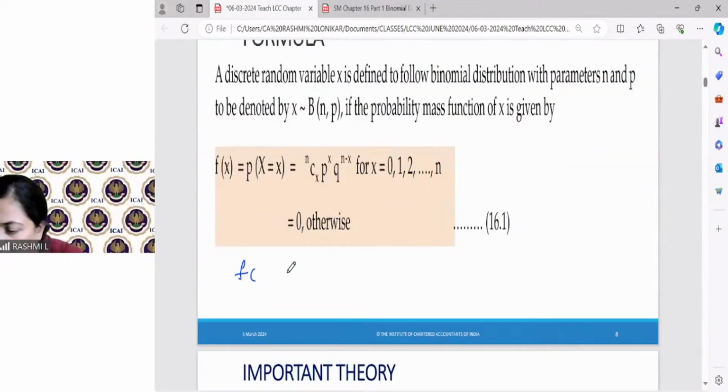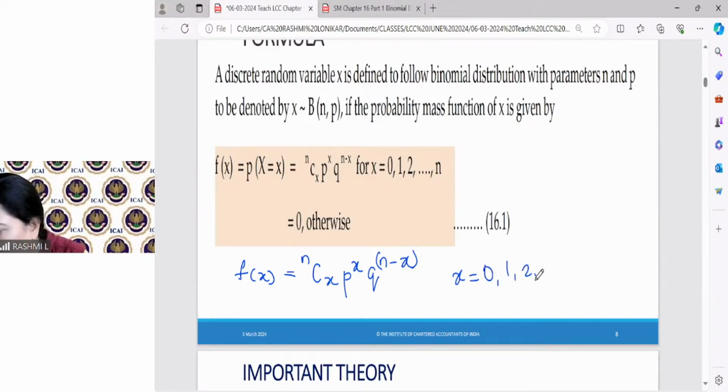Then we talked about the formula. f(x) is given by nCx p raised to x q raised to n minus x. And what are the values that x can take? 0, 1, 2, 3, up to n. This is also very important because in a theory question, they may put it to infinity, and that will not be a binomial. And it is equal to 0 otherwise.